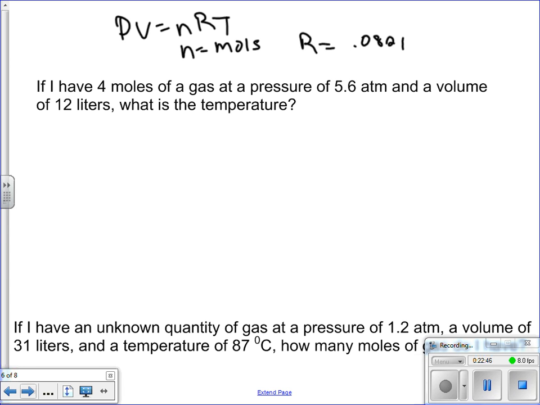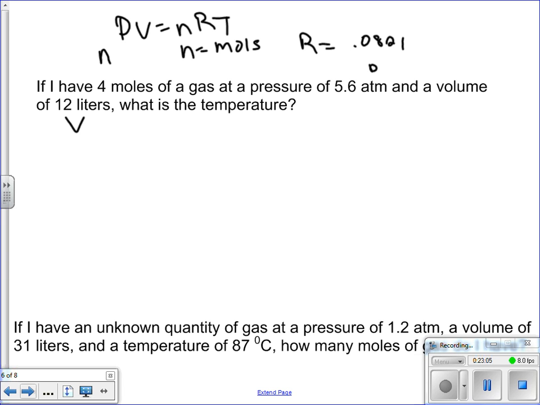So we're going to do the same thing. We're going to go through our problem. We are going to label every number and then plug it in. If I have 4 moles, so that's N, of a gas at a pressure of 5.6 atmospheres, that's P, and a volume of 12 liters, that's V, what is the temperature?